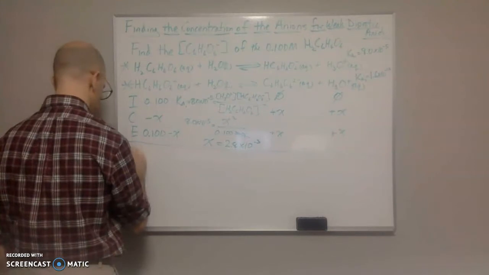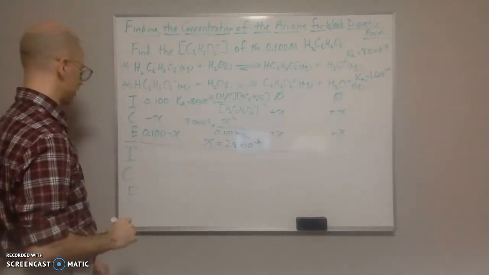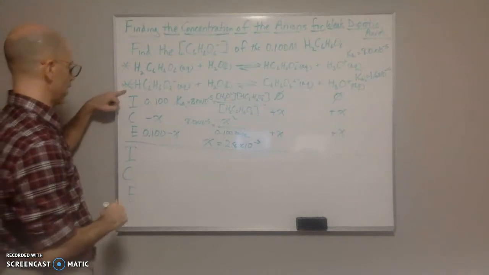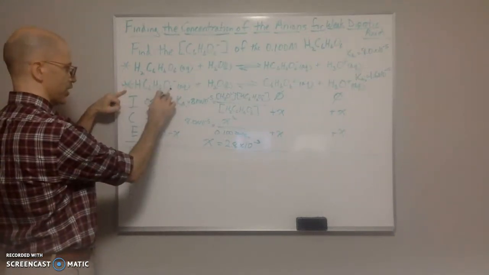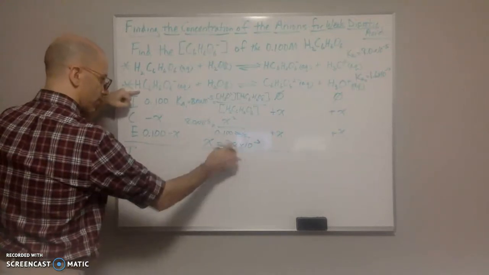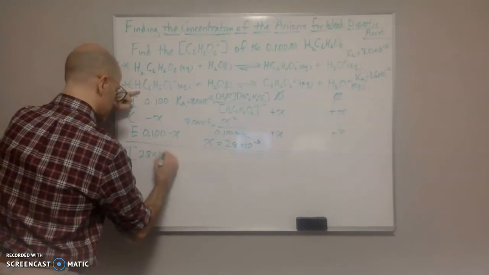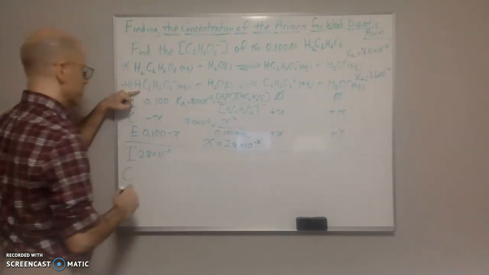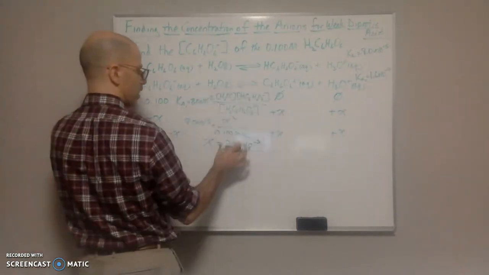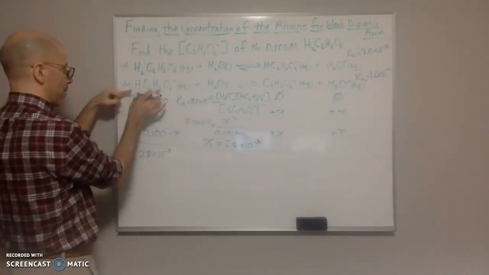And so we're going to do another ice table. But this time we're looking here. So our starting concentration here for this is this here. So we have 2.8 times 10 to the negative 3 because that's what we ended up with here. So we have this and this. Now we got to bring that back down here.